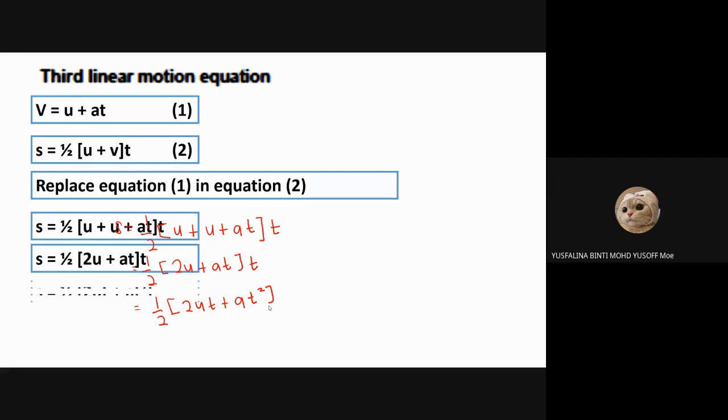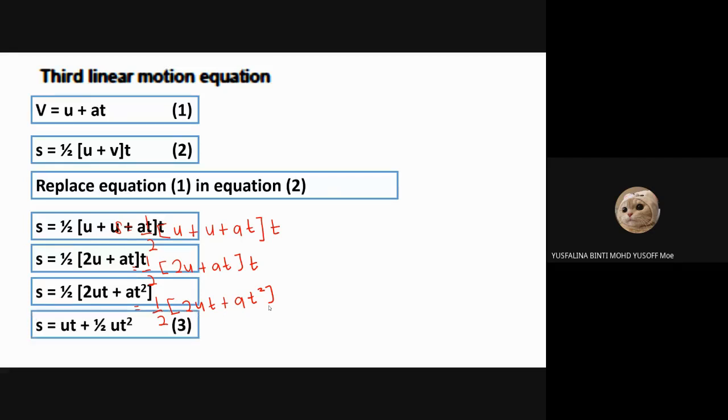Next part. This one you can divide, so what's left is you can just cut off the 2 and 2 here, and what will be left is ut plus half at squared.